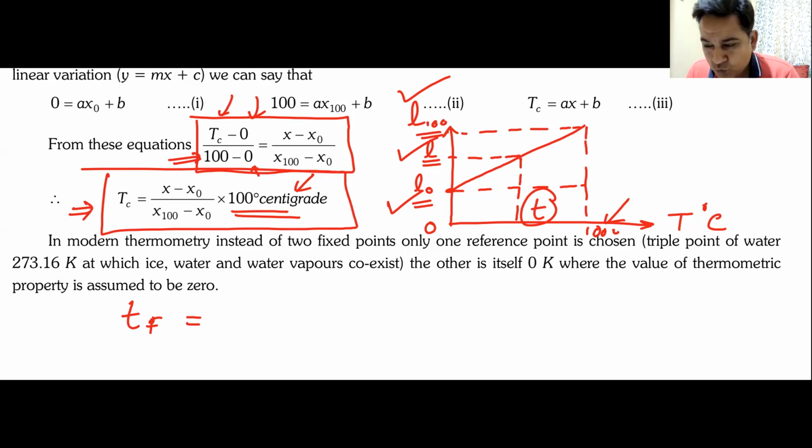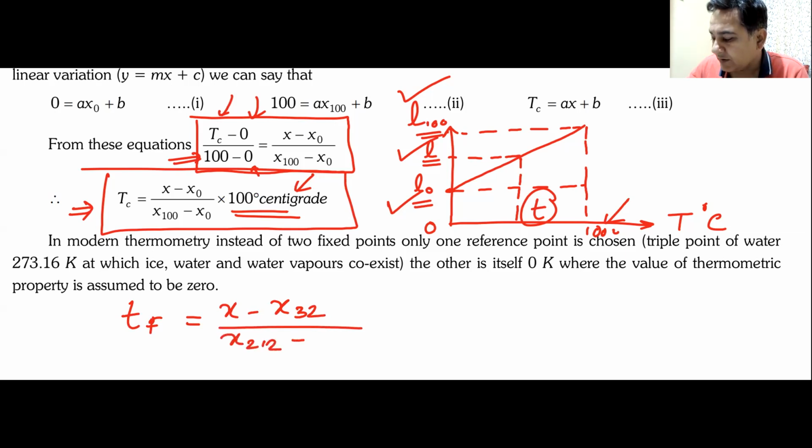No. It is X minus X at 32 degrees Fahrenheit, divided by X at 212 degrees Fahrenheit minus X at 32 degrees Fahrenheit. That has to be multiplied by 180. Do we understand this?